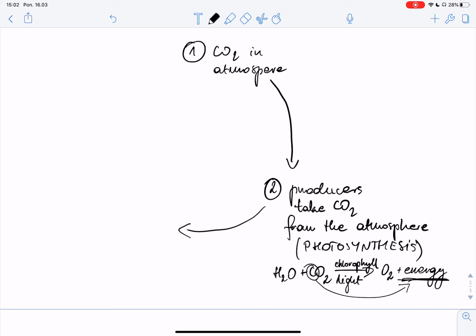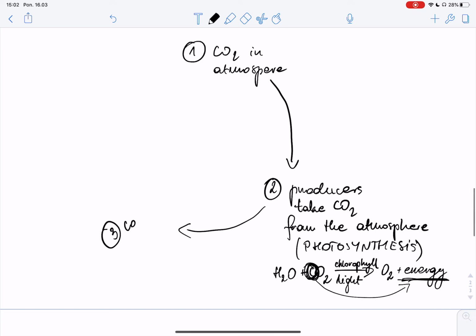But once the plant is eaten, then we can be the consumers. So we eat a salad, for instance. So we are ingesting this carbon that the salad has inside of its leaves already, and we are giving it back to the atmosphere because we breathe with oxygen and we exhale carbon dioxide.